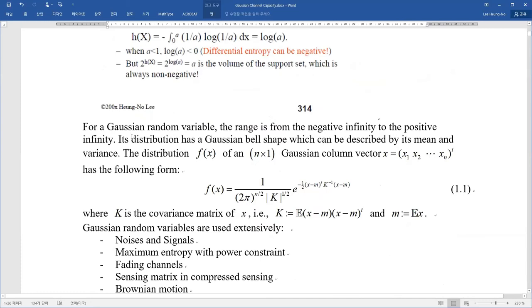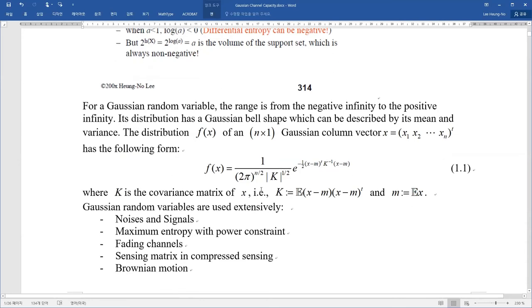Okay, so for a Gaussian random variable, the range is from negative infinity to positive infinity. The distribution has a bell shape, we already know, which can be described by its mean and variance. So in general, n by 1 Gaussian column vector x has the following distribution. Okay, so this is the probability density function for Gaussian column vector x.